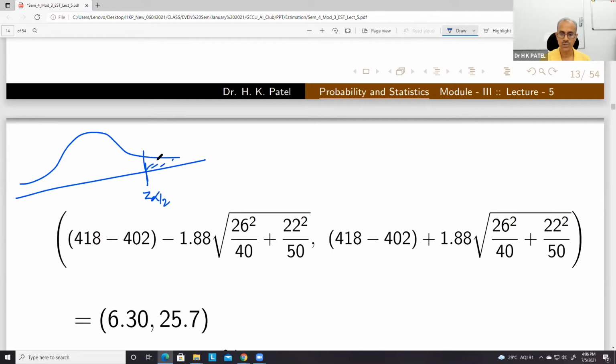This area we want actually to be 0.0300, and this area is also the same, 0.0300.